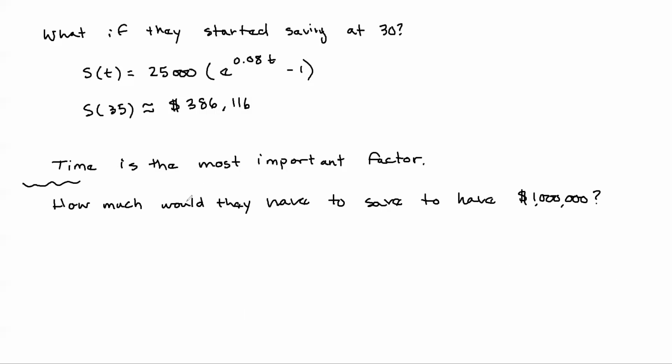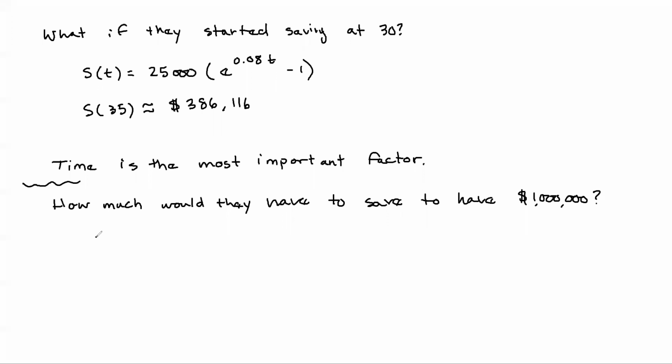And so to calculate that, we could plug in $1 million. That's how much we want to have. And we know that we want to have the amount after 40 years. So we know that T is going to be 40. Actually, let's write the formula first.